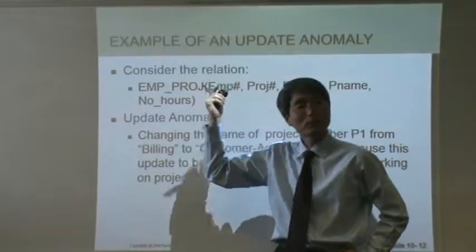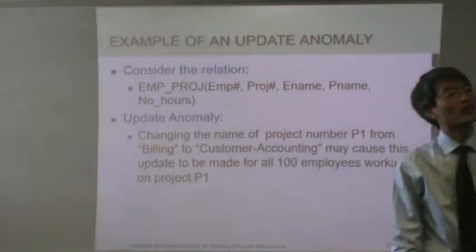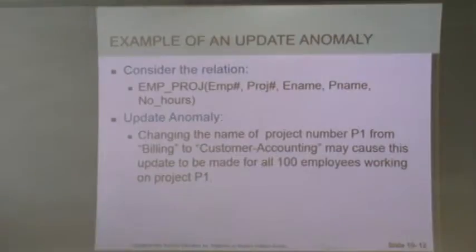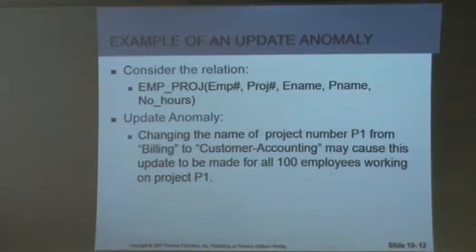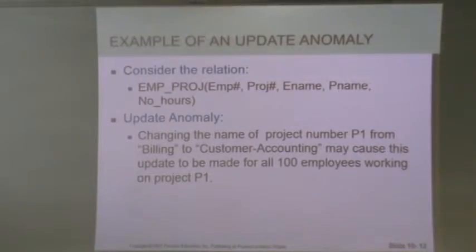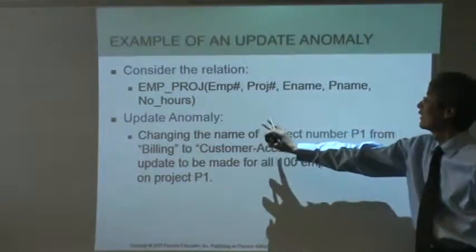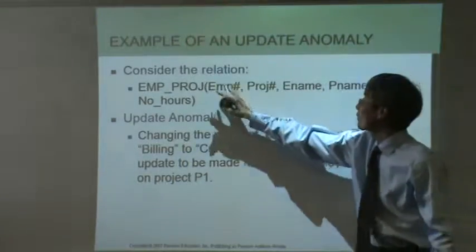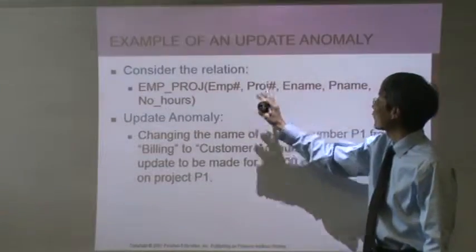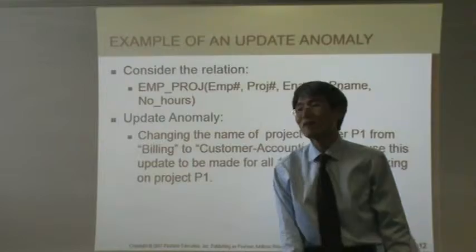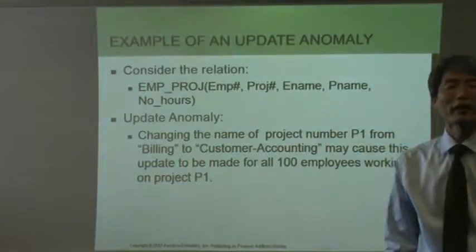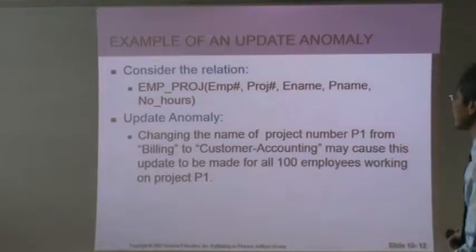What is the first guideline? One meaning for one table. How many meanings can you find? Actually two or three: employee information, project information, and also number of hours information. It's too much information. But that's okay, just ignore that for now.